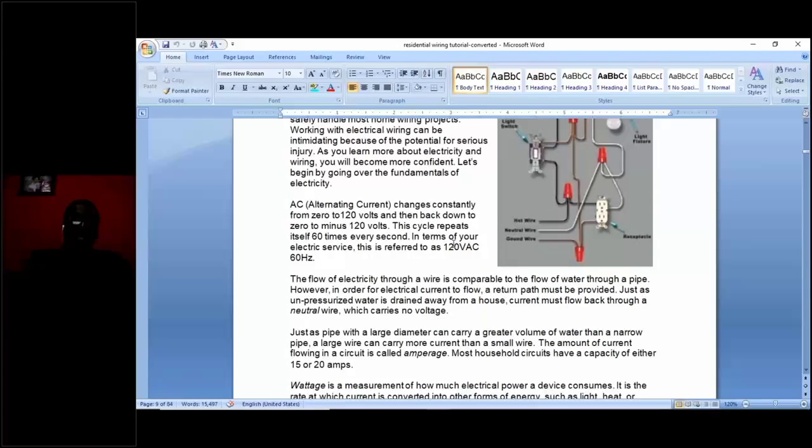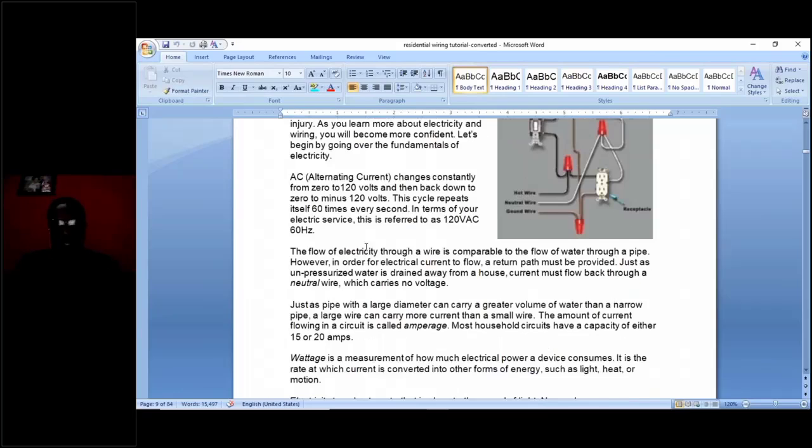So let's see what AC, alternating current, is. Alternating current changes constantly from 0 volts to 120 volts and back to 0 volts. That's how alternating current works. This cycle repeats itself 60 times every second.